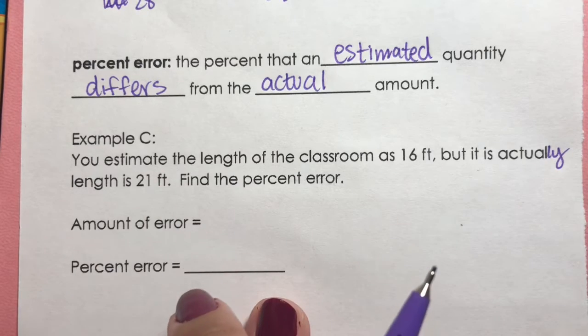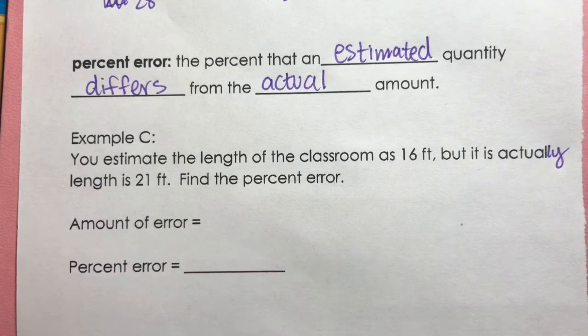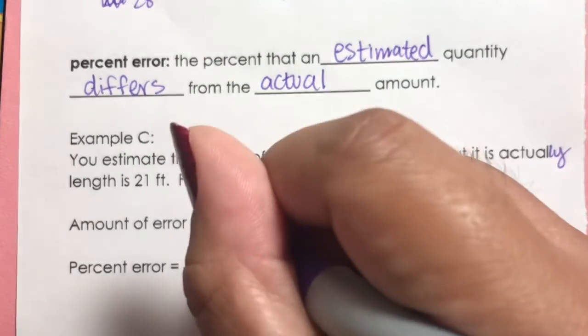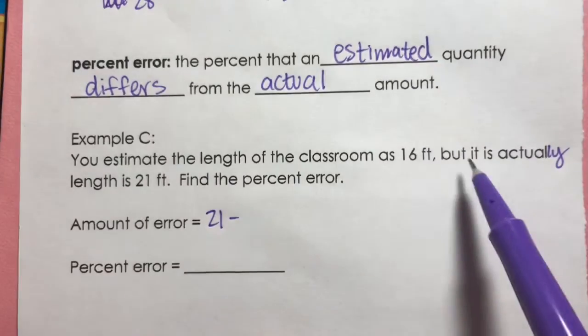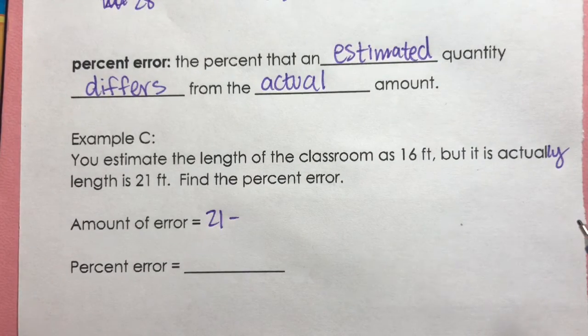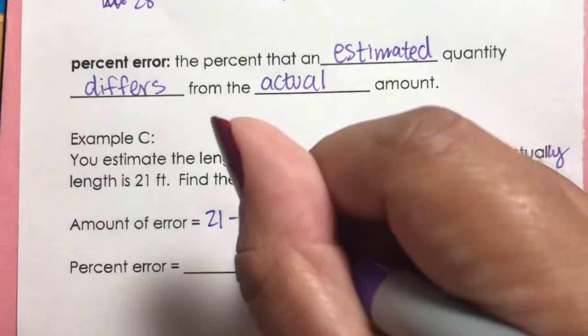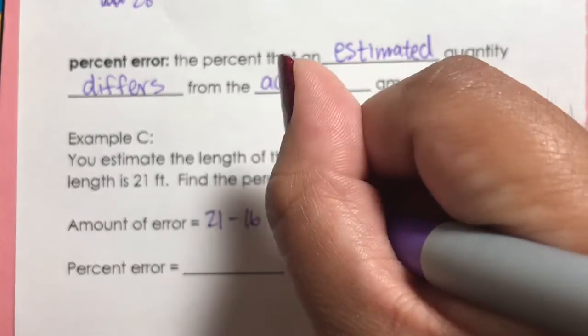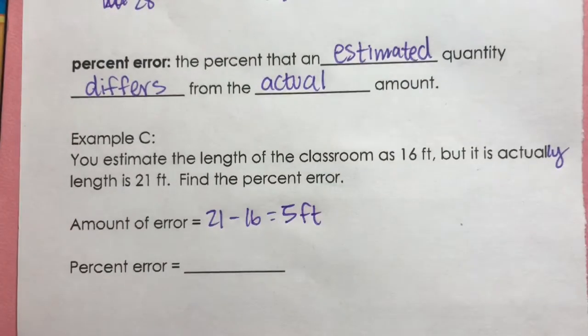Okay, so first we got to find the amount of error. So we got to subtract the actual length, which is 21, by the length of the estimation, which is 16. So 21 minus 16 is 5 off the top of my head, 5 feet.